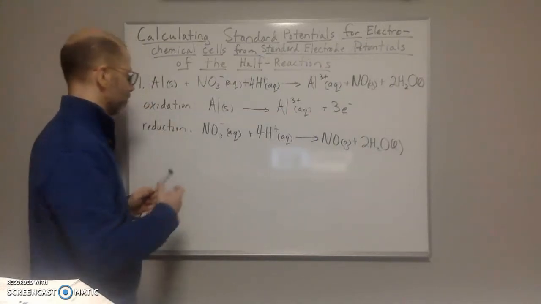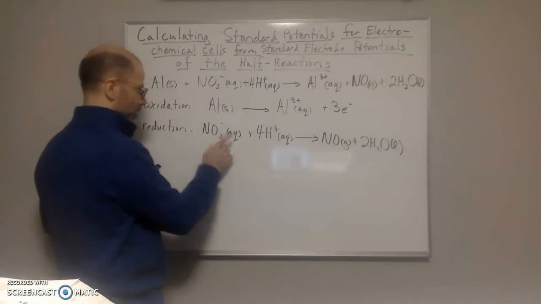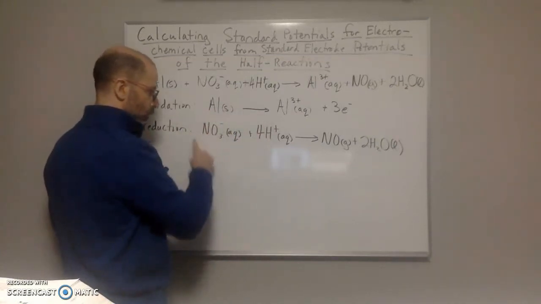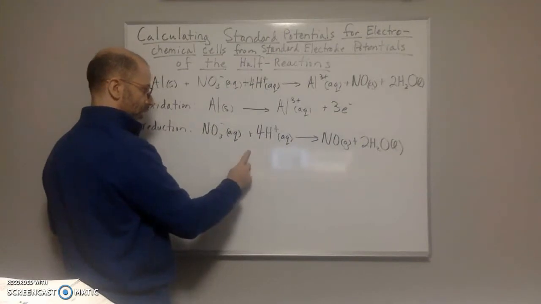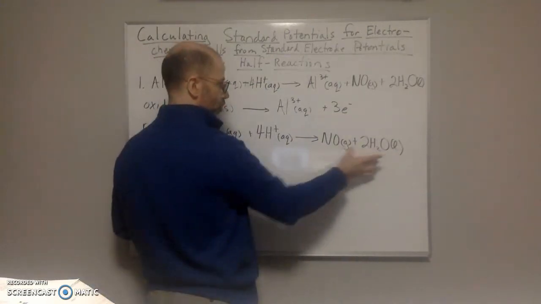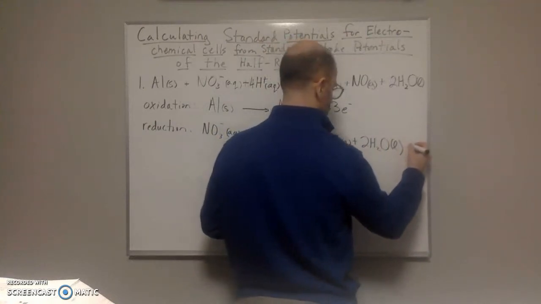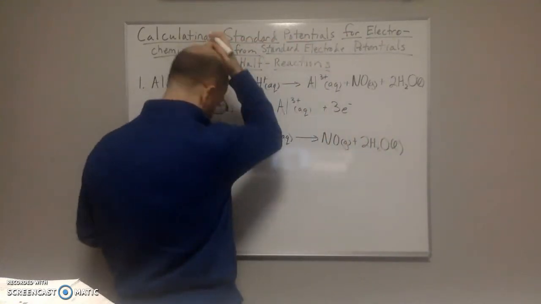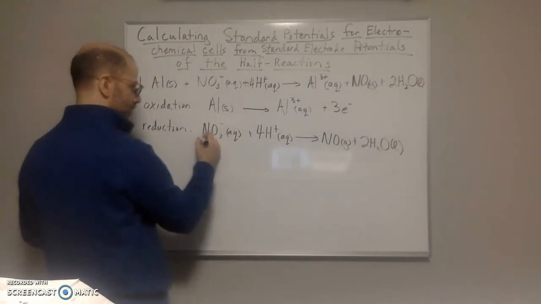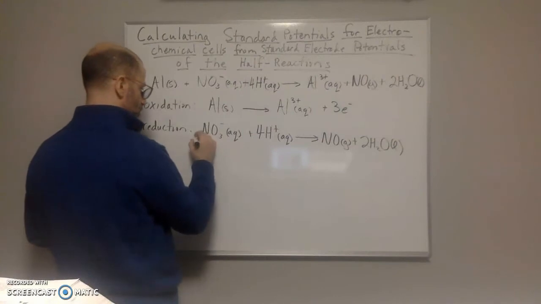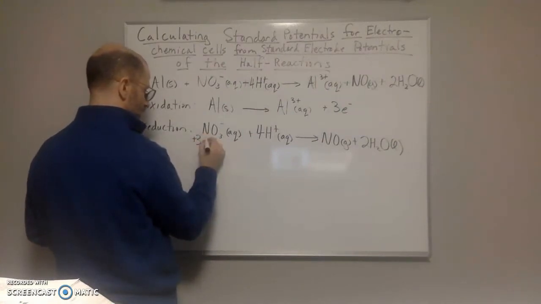Okay, so that means we need to balance out the charge here. So we have a 4 positive and a negative, so that's a total of 3+ here. This is neutral. So we need 3 electrons on this side. So we're going to make this 0, so that's going to have +3 electrons.